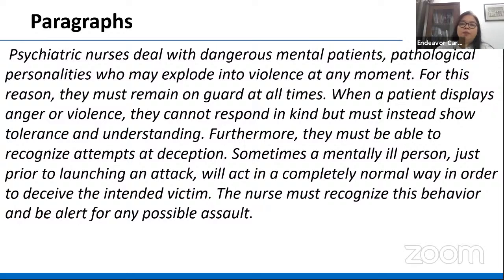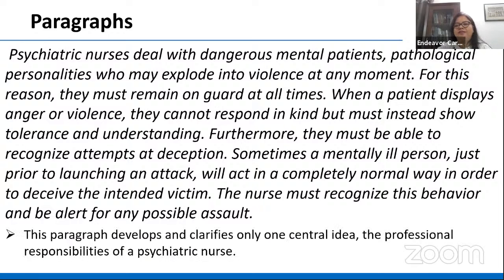If I ask you to pick an important sentence, I'm sure you will point towards the second sentence. In fact, maybe the first and the second sentences put together. The nature of work of the psychiatric nurses is very dangerous. And therefore, they should be on their guard at all times. They should be alert because they can encounter danger at any time, right?